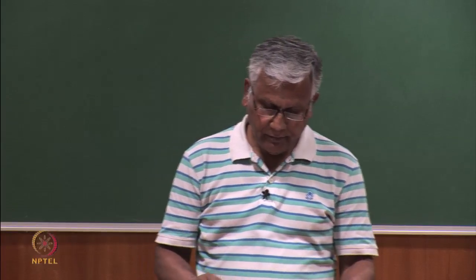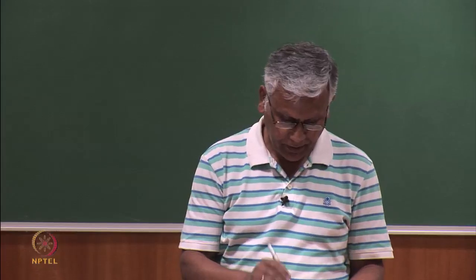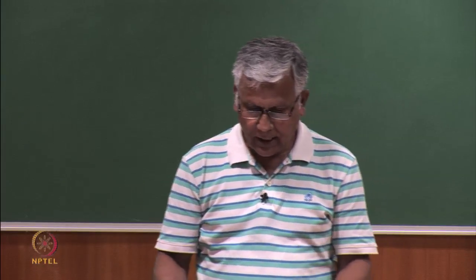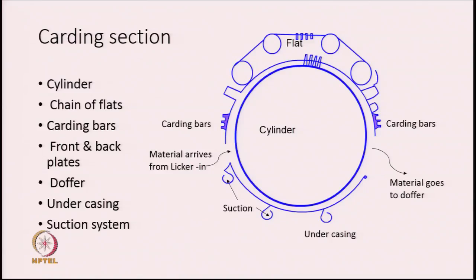Let us discuss the carding section today. The carding section consists of the cylinder, a chain of flats, carding bars, front and back plates, doffer, undercasing and suction system.